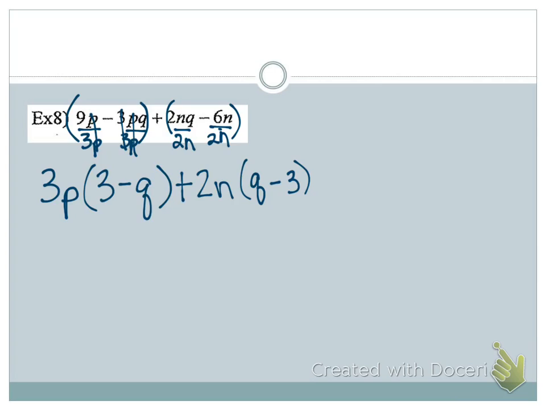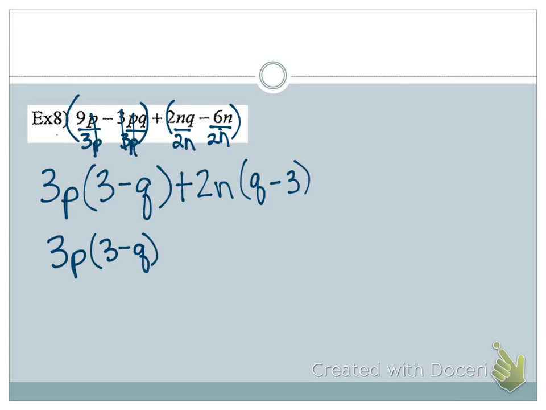Now, in order to move forward, we would need our parentheses to match. Do they? No. So what can we use? We need to change the sign. So if we're going to change the signs back here, where else does the sign change? In the middle. So we leave the front alone. 3p times 3 minus q.